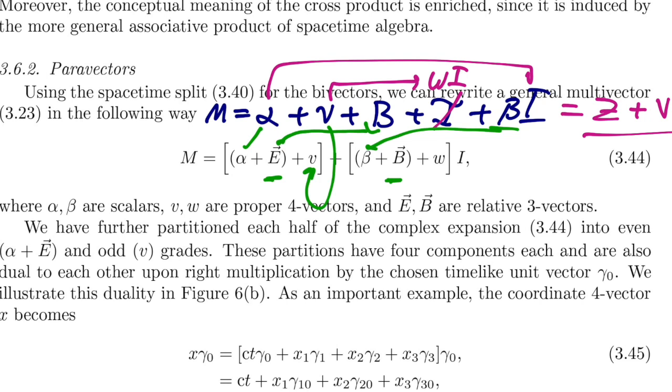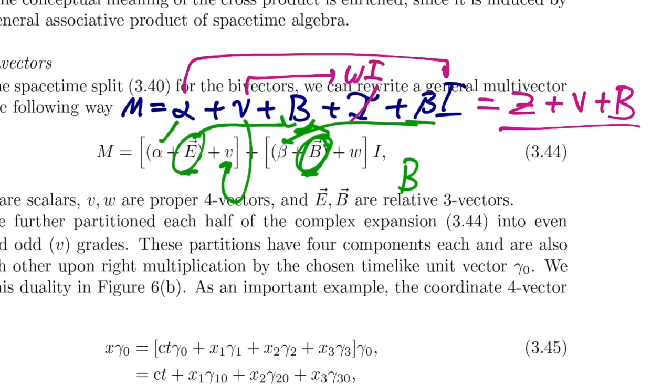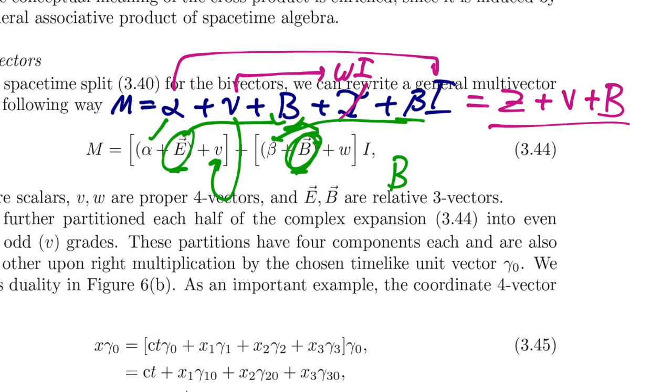But then you have another relative 3 vector, but don't forget about this I. This is actually the other half of the general bivector. It's the dual of some relative 3 vector. So this bivector space is now fully accounted for by the relative 3 vector part and the dual of a relative 3 vector part. Basically we've taken the bivector and broken it up into a relative 3 vector part plus a dual of a relative 3 vector.